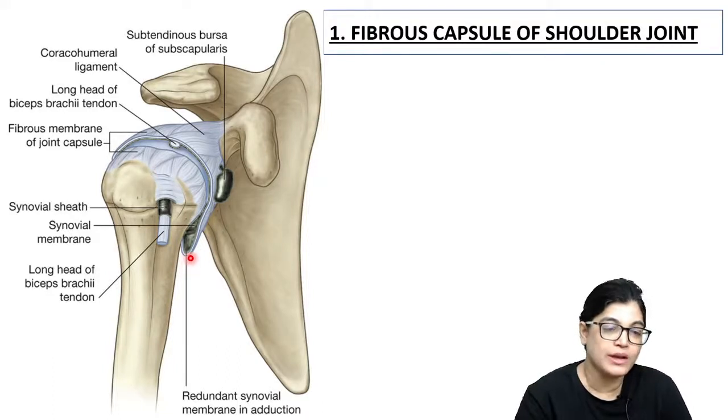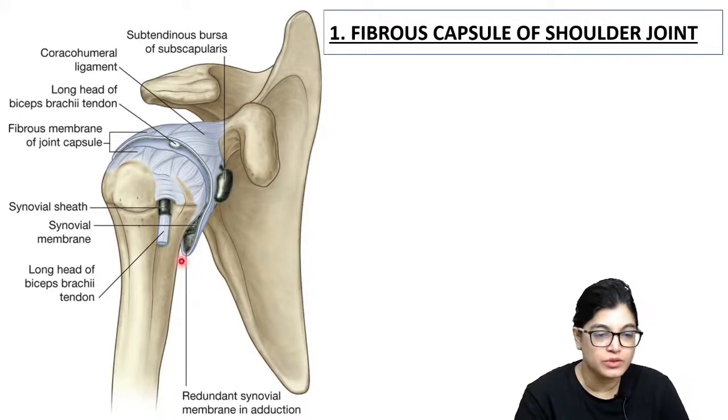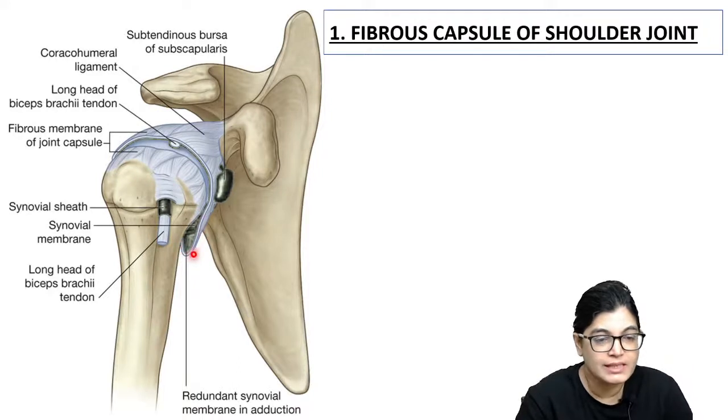As we know, the fibrous capsule is a very important structure providing stability to the shoulder joint. The weakest point of the fibrous capsule is the antero-inferior aspect, as you can see, where it is slightly dipping down.